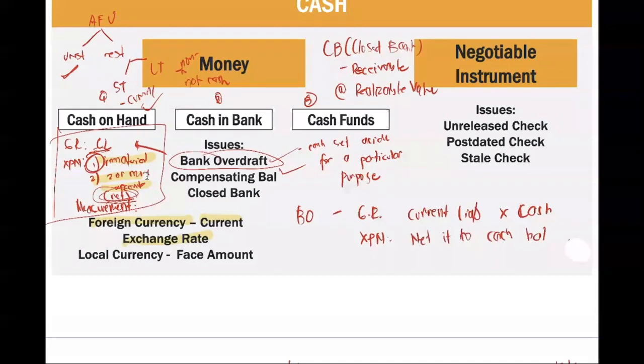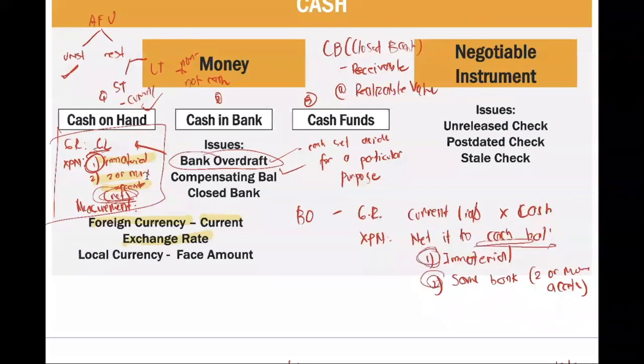First, if the bank overdraft is immaterial. The second, if we have the same bank, two or more accounts. Okay? Bank overdraft, general rule, current liability, therefore not cash. Exception, we can net it to cash balance if it is immaterial and with the same bank.